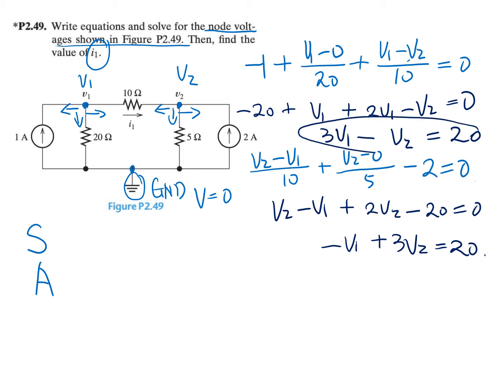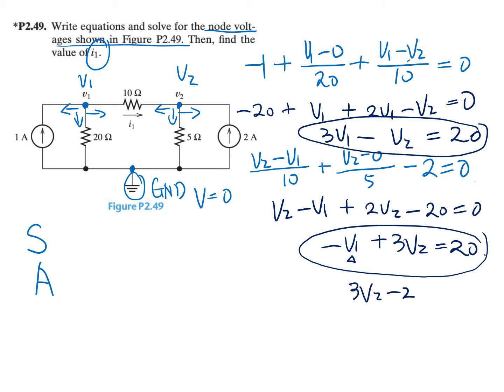So these 2 are the equations we have, and we have a few ways to solve them. The most straightforward way we learned in secondary school is to substitute one variable into another equation. For example, here we have 3V2 minus 20, that is V1.